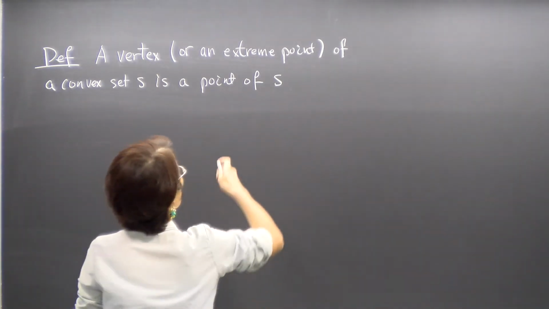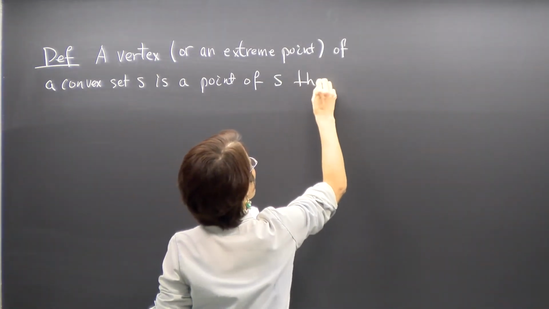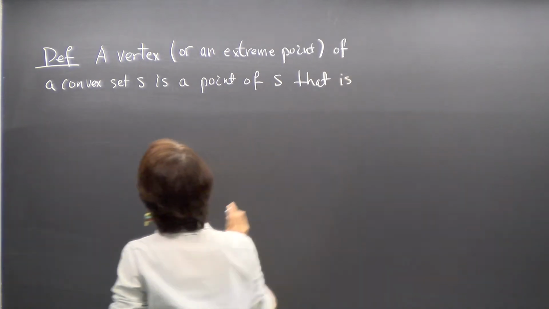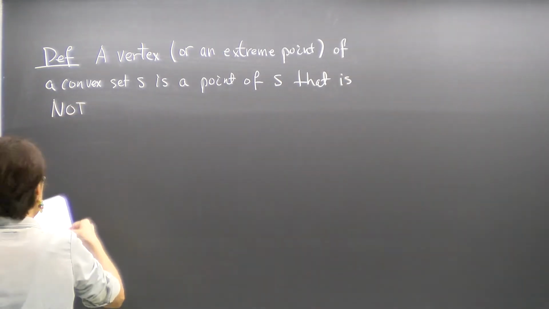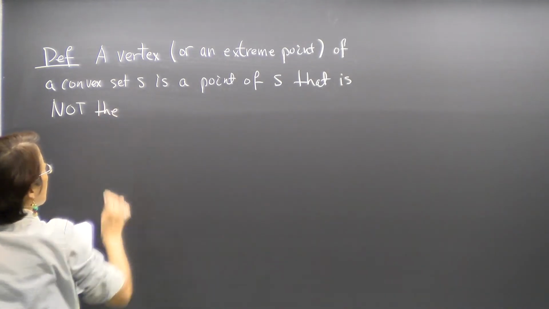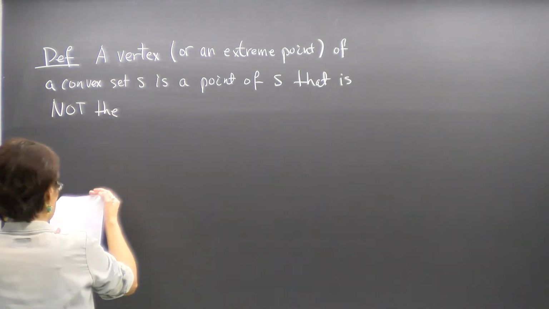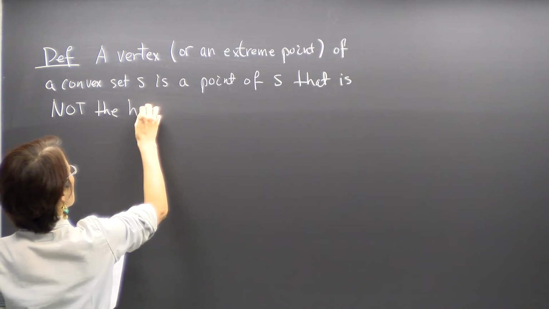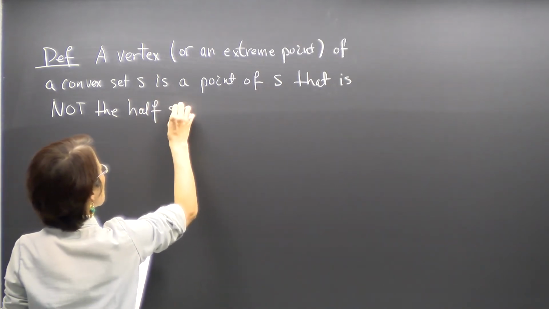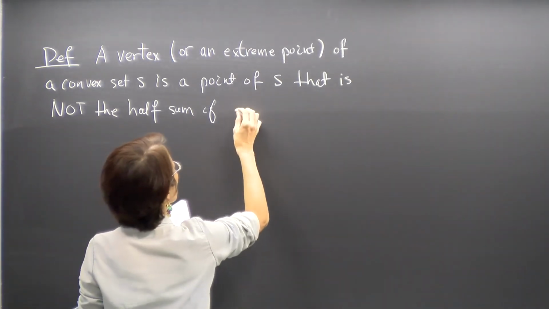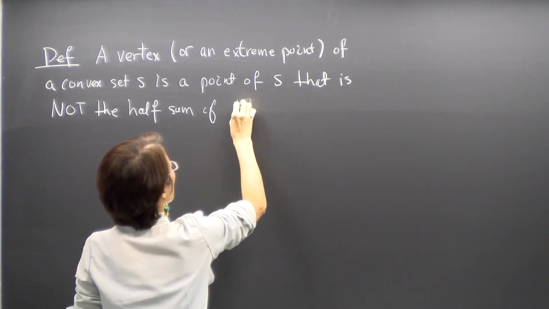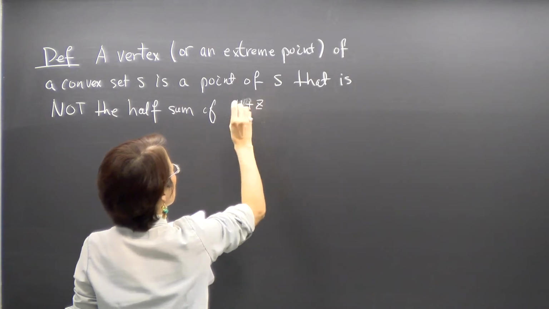So I say that it is not something I can do. In principle, it's a convex combination, but it's enough to say it's the midpoint, the half sum of two points, let's say (y plus z) over 2. So my point is x.